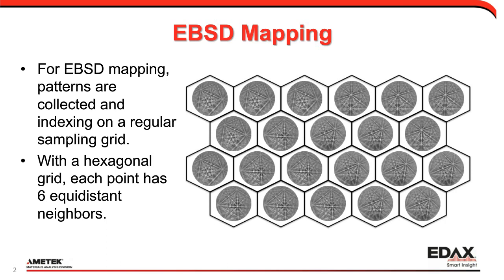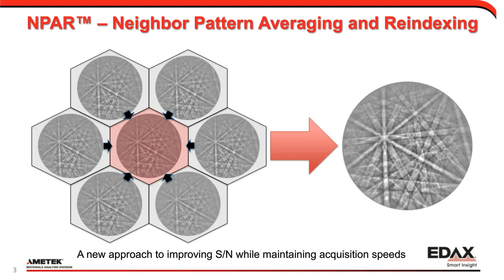And here's why it's important for NPAR. NPAR stands for Neighbor Pattern Averaging and Reindexing. It is our new, patented approach to improving the signal-to-noise ratio while maintaining the same acquisition speeds. Previously, if you had a sample that was a poor diffractor and you just couldn't get good patterns off of it, you would do frame averaging.